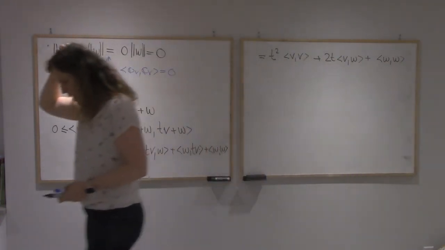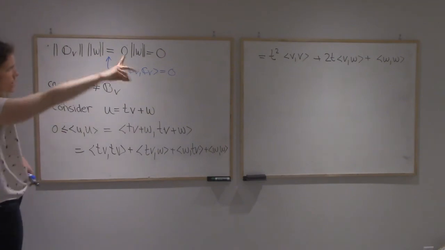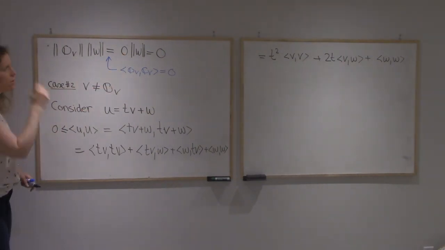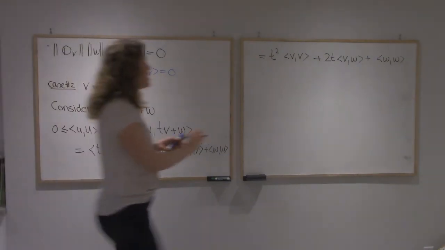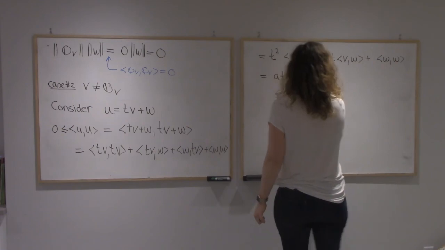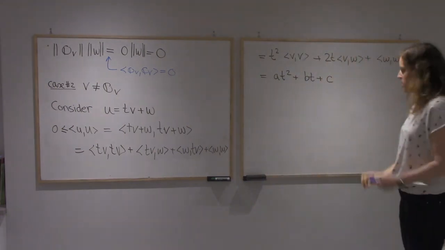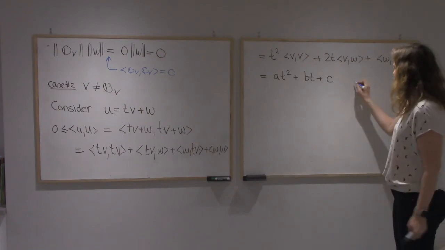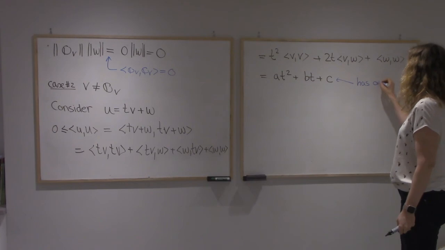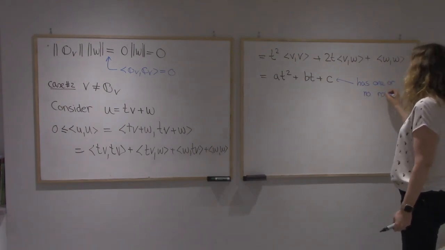So what I end up with is a quadratic in T that's always positive or 0. Let's write it as AT squared plus BT plus C. This quadratic is always positive or 0, so it has one or no roots.